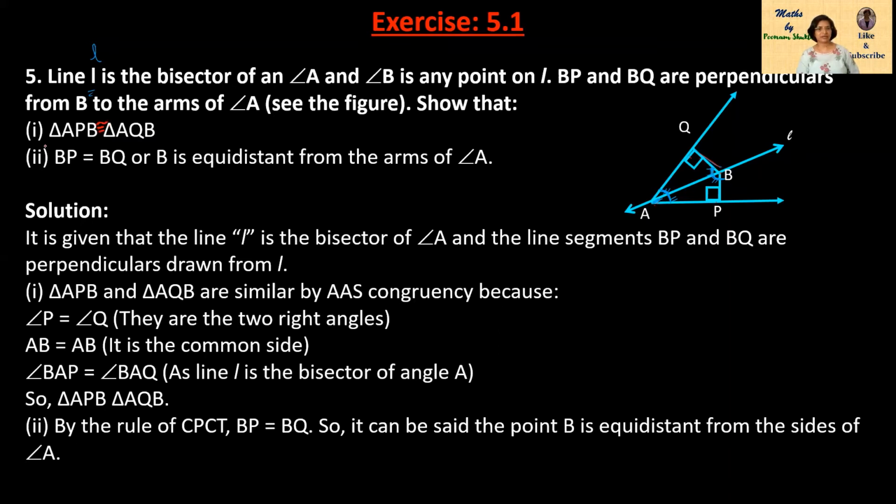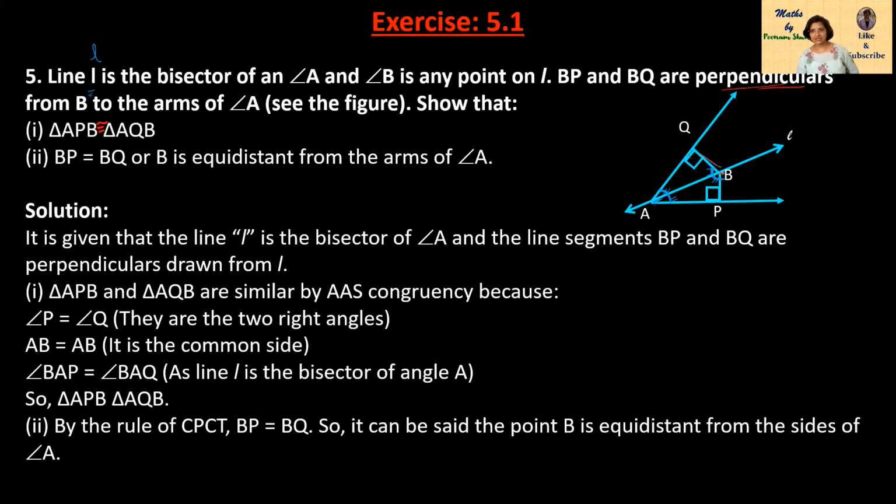Triangle APB is congruent to triangle AQB. Why? How can it be? Because these two angles are of 90 degrees, right? It is given.